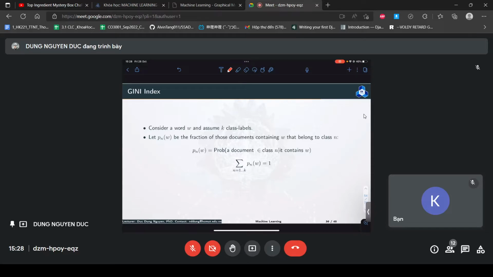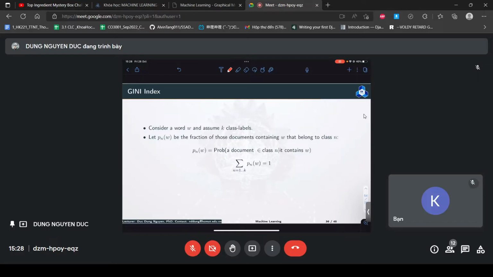Because when you see that word, you mostly classify your document into class n, right? So that's the whole idea. Now, if for some reason you see that word in the documents of every single class, then the discriminant power of that word is very low.